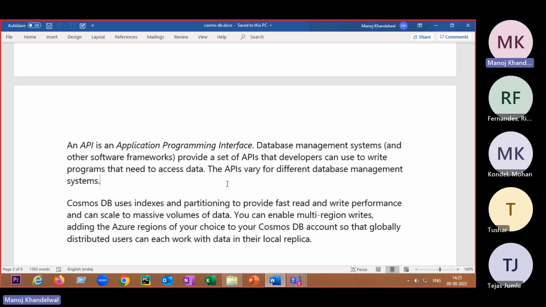Every cloud provider nowadays is giving you some ready-made libraries by which you can interface to the cloud very easily. Can you give a few examples of APIs that are currently in the market? Yeah, I will tell you.